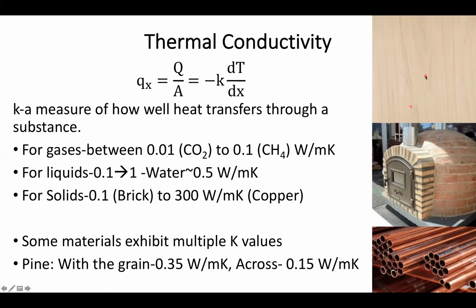So if you're using wood to build an insulating material, try to make sure that you align it so the heat has to go across the grain instead of with the grain, to get the most insulation out of your buck.